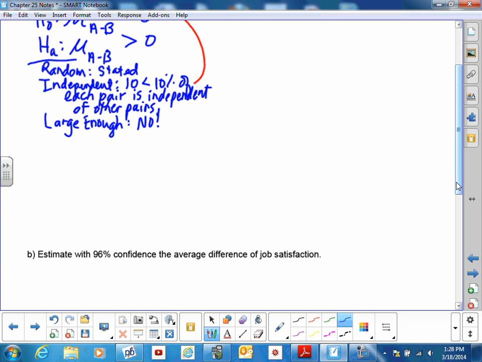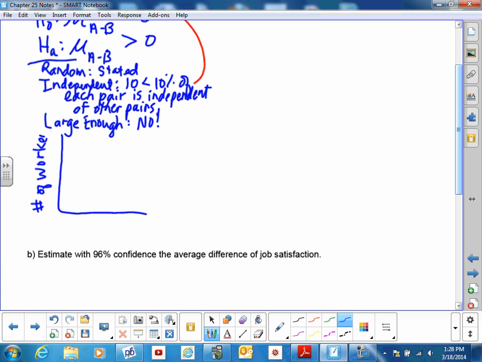Okay, good. So let's make a histogram. Here we go. What will this be a histogram about? I need to plot these 10 differences. Okay. So actually, number of workers is going to be here.